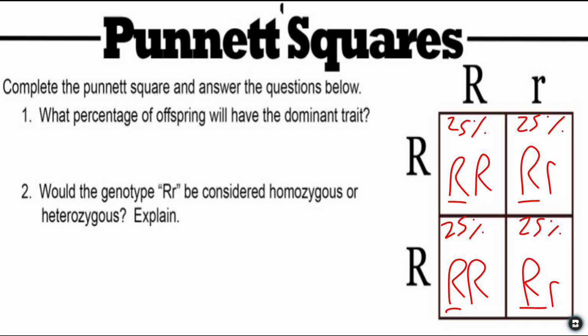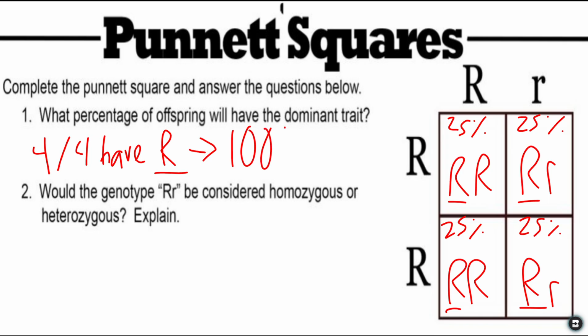I see that 4 out of 4 boxes have dominant R. So we say that is 100%.